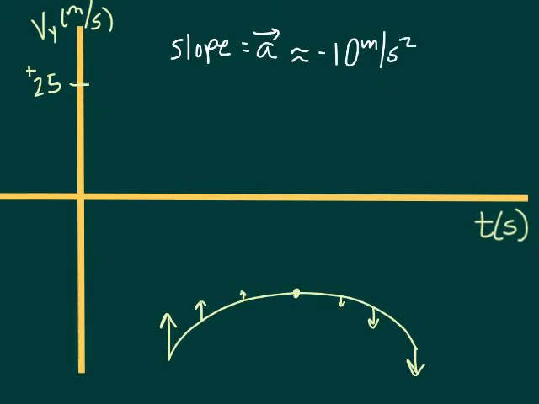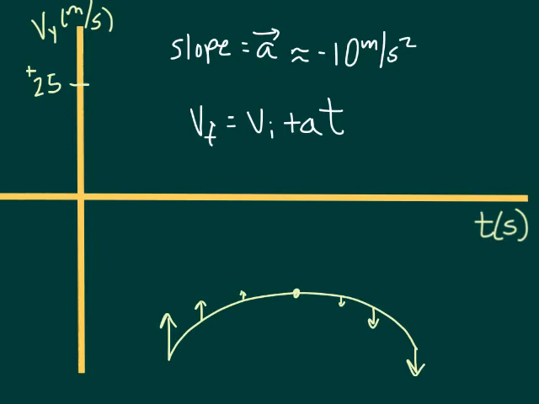And then we can use our kinematic equations to figure out what that velocity is going to be at the maximum height. In this case, we know that the final velocity from that first kinematic equation is going to be 0 because we started at positive 25 and it's going to be 0, and we want to know how long that's going to take to happen.